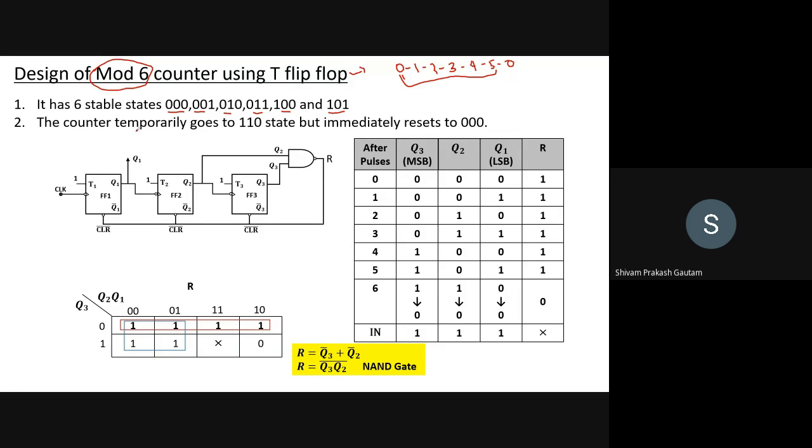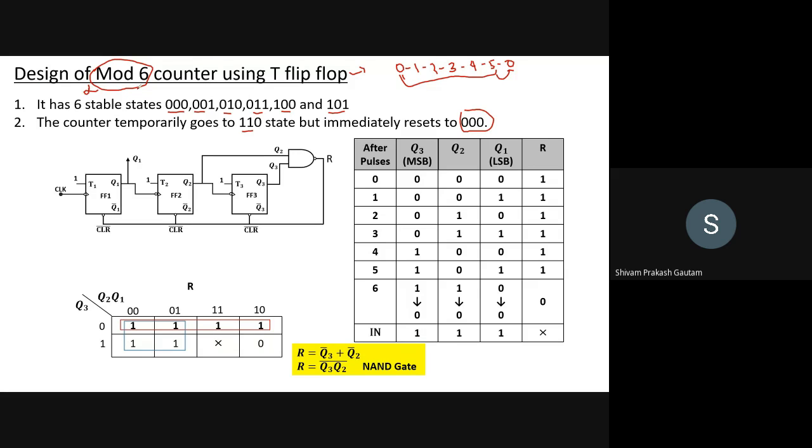So the counter temporarily goes to 110, that is decimal number 6, but immediately it resets to 0. So you can see after 5, it has to come to 0 again, right? If it goes to 6, then it will have 7 different states. Then it will not be called a mod 6 counter, right?